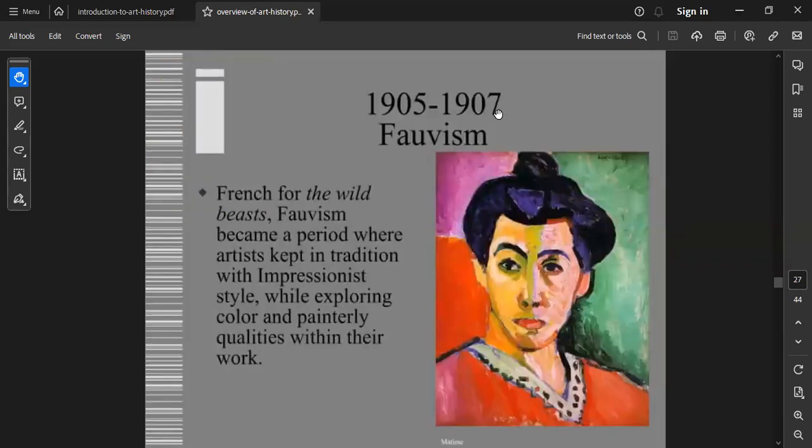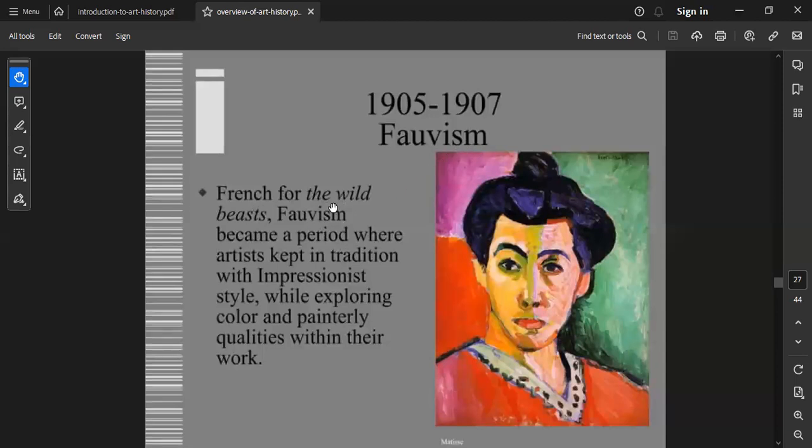1905 till 1907, you have Fauvism. You can see that the works of Fauvism mostly come with very vivid colors and very high saturation value. Colors like pink, violet, purple, magenta, red, lemon yellow, and yellow ochre are very much used in Fauvism.